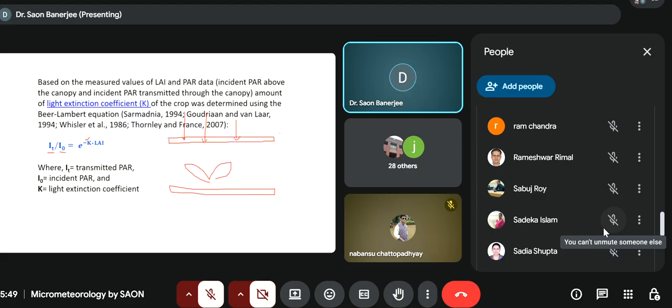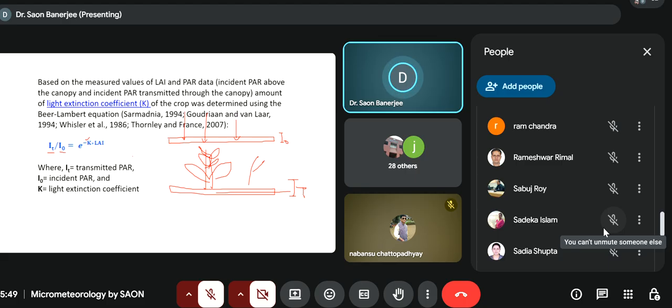that is our I naught. And what we get below the crop surface, with some crop, here it is I T. This is I T, which is transmitted, and this is our incoming.